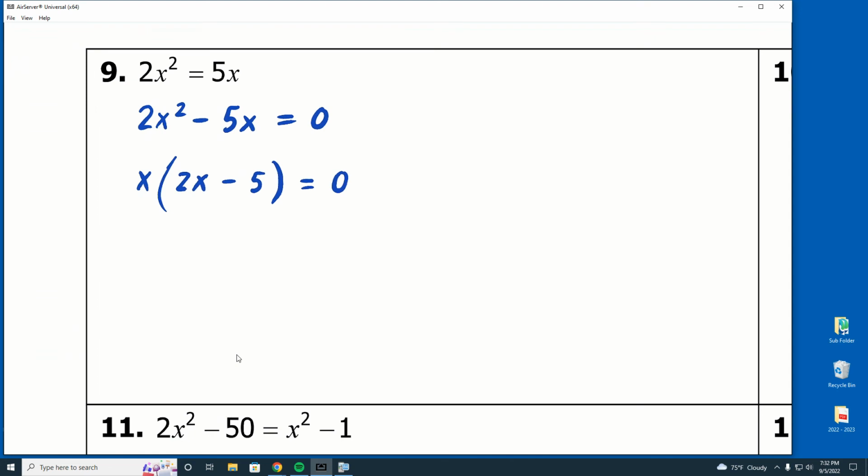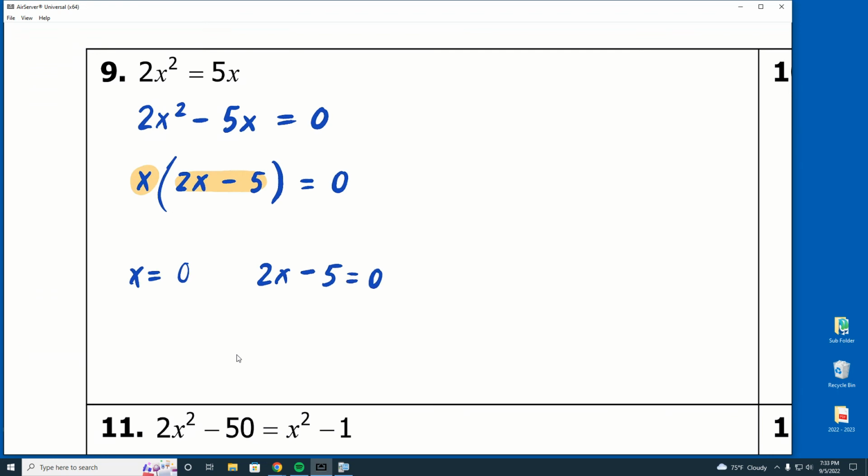What I pulled out was a variable. That's a factor. Remember, that's a factor. And it's an important one because it's a variable. And then the other factor was what was left inside, 2x minus 5. So let's take those two and set them equal to 0, and we'll be completing step 3. So x equals 0, and 2x minus 5 equals 0.